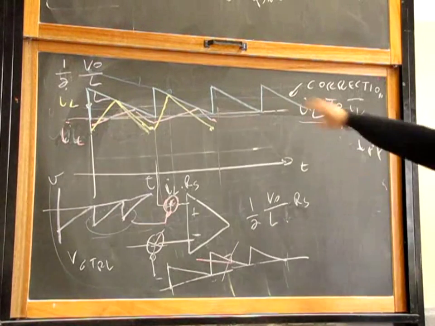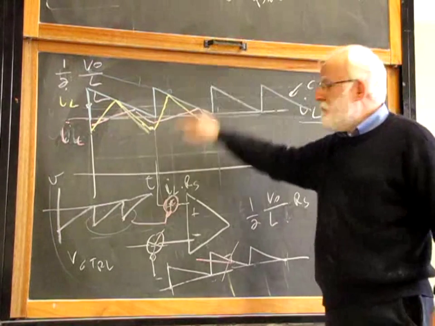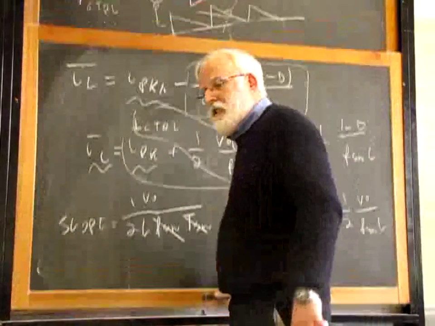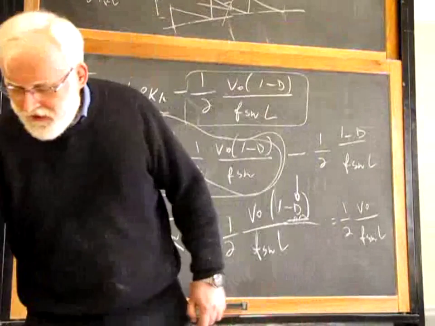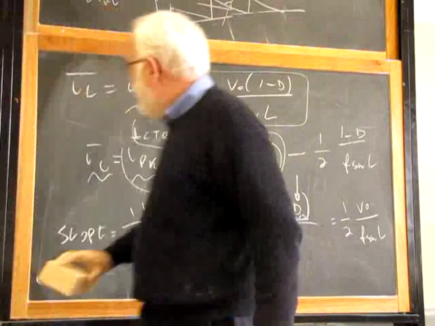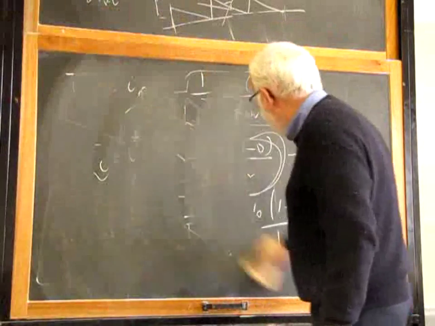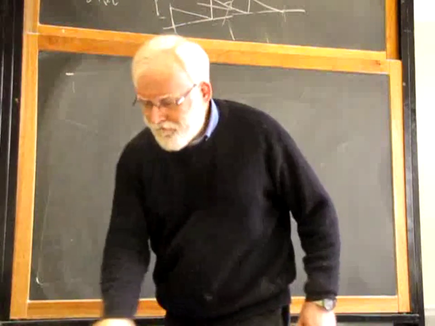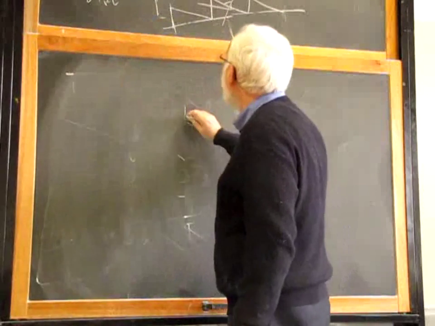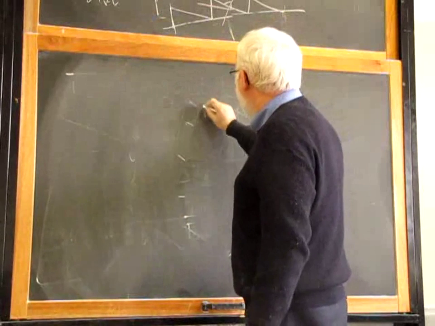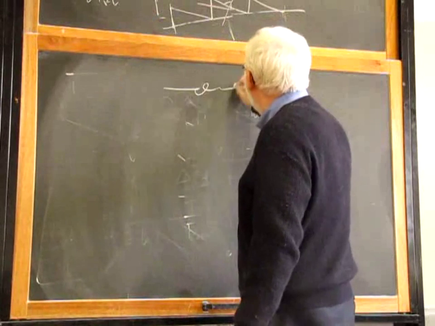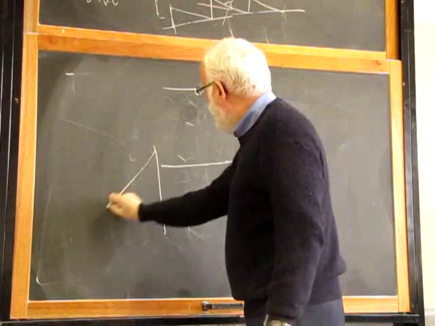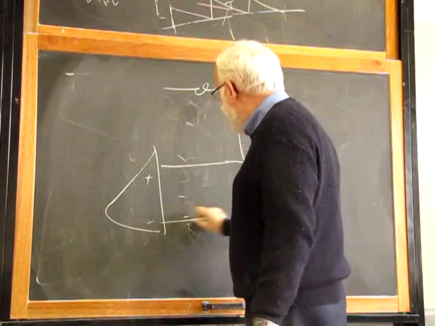And so the final solution for the compensation ramp, this is the name of this ramp, compensation ramp, compensates the errors between IL average and IP. The final version is something like this. Positive, negative.